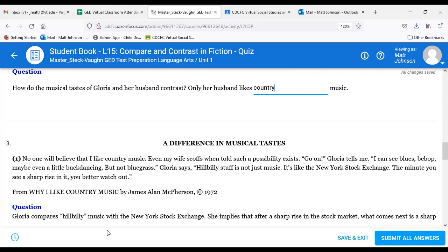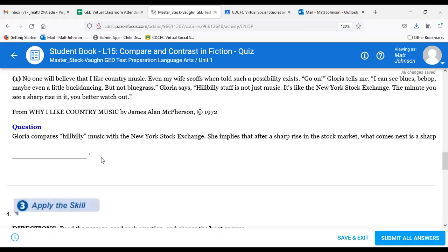I can see blues, bebop, maybe even a little buck dancing, but not bluegrass, Gloria said. Hillbilly stuff is not just music. It's like the New York Stock Exchange. The minute you see a sharp rise in it, you better watch out.